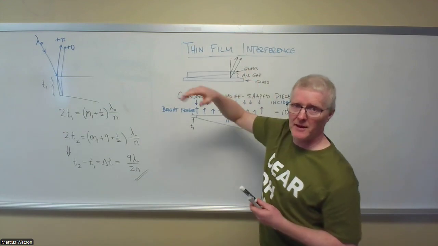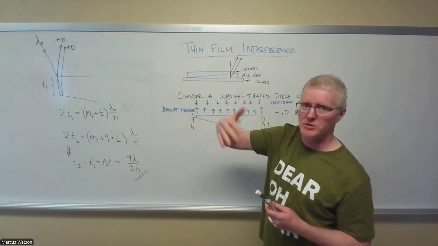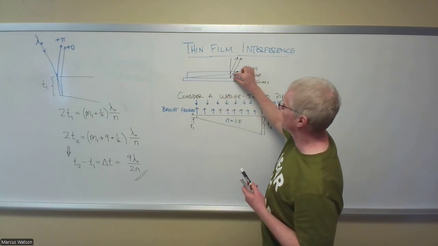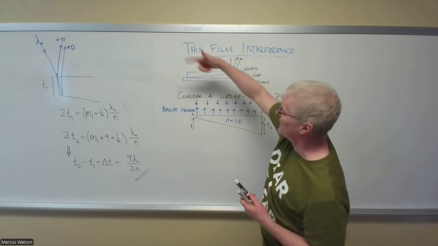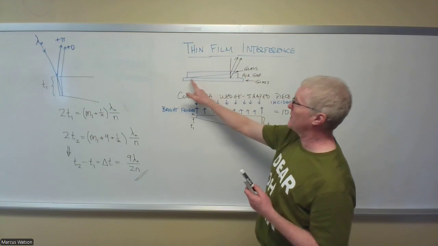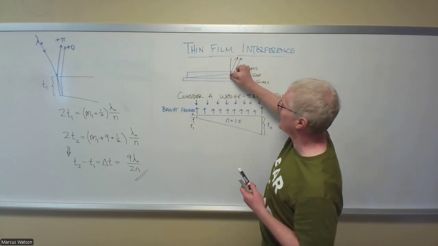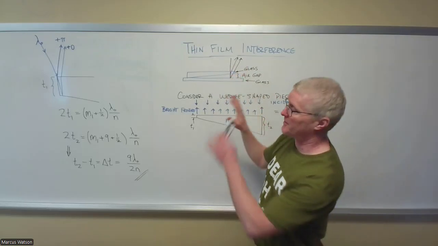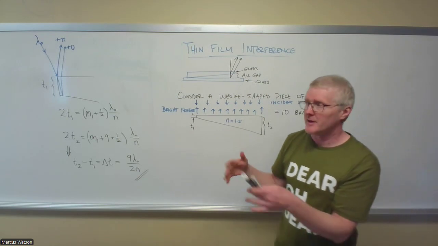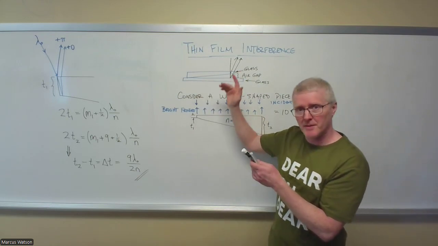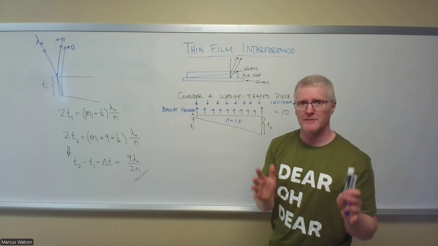Now, I drew a triangle in there to help you think about how to get the thickness at particular points based on what the radius of the bowl is, and then what the radius out to the ring is. So think about how to get that. That's just a bit of geometry, but the process to solve that is basically the same as what I've just done here. Now you've got the extra step of dealing with the bowl shape, but it doesn't have to be super complicated. Use the triangles. That's what we're doing here.